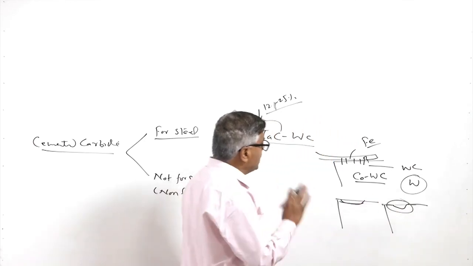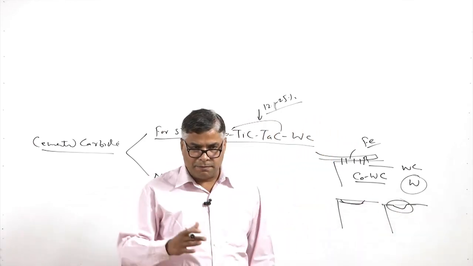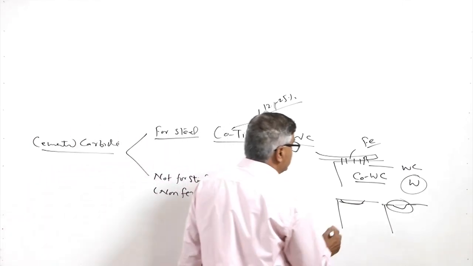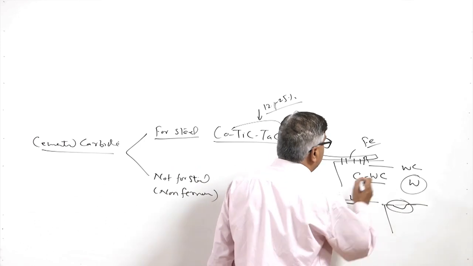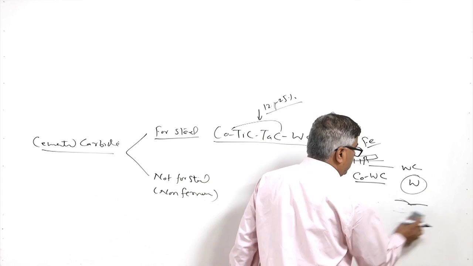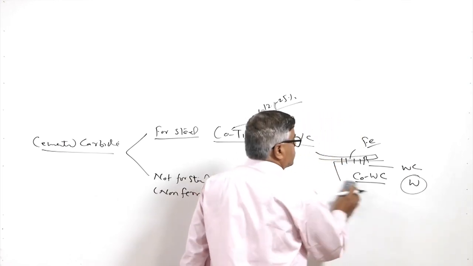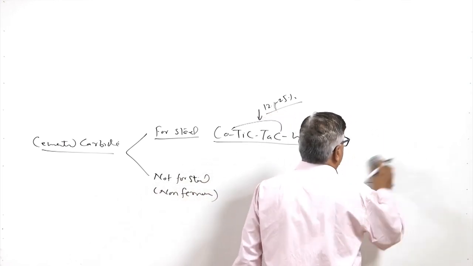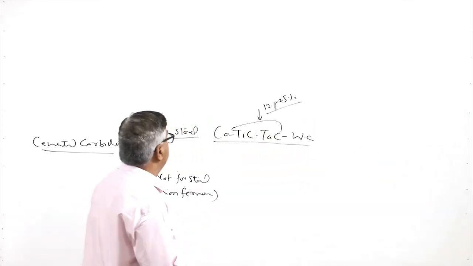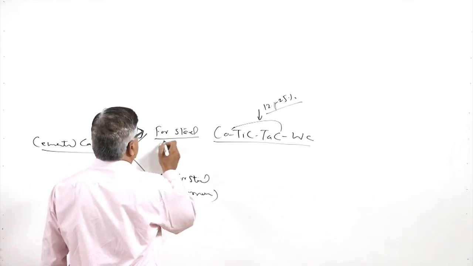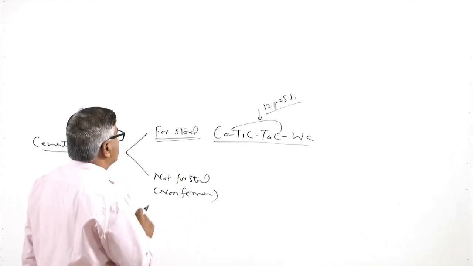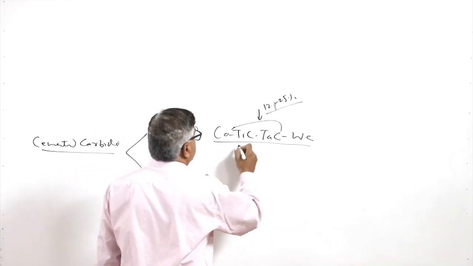So, the straight cobalt tungsten carbide type of cemented carbide tools, when used during the machining of steels, result in crater wear due to the diffusion of the carbon with the iron or with the steel, which leads to the loss of the carbon from the rake face of the tool, which in turn promotes the crater wear. That is why the straight tungsten carbide cobalt inserts are not used for machining of steels, but these need to be modified.